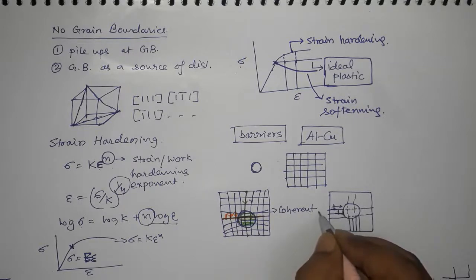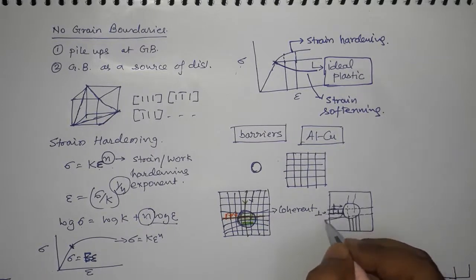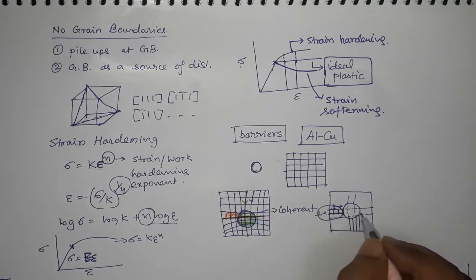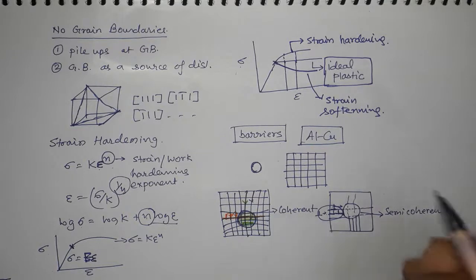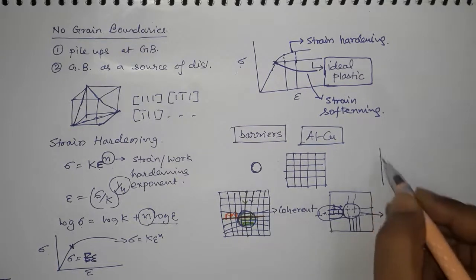Then another dislocation which is on the same layer will come and get blocked here, and so on. The same thing will happen to all the dislocations which are coming there. This is called pile up of dislocations, and this kind of precipitate is a semi-coherent precipitate.